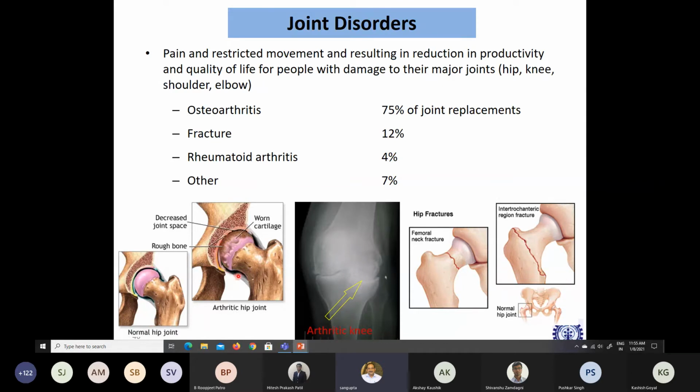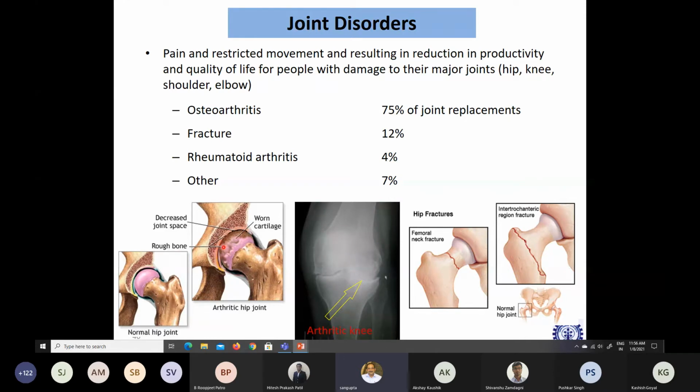What happens in the case of an arthritic joint, affected by osteoarthritis? You have the cartilage surface worn out. So it takes an irregular, spiky pattern, as well as decreased joint space. There is a space between the two articulating bones, which is known as the joint space, and there is a decrease in it.